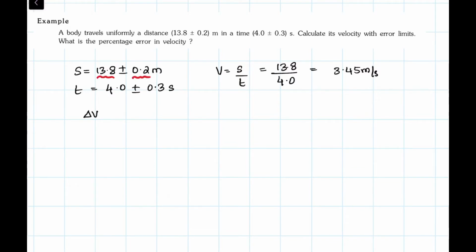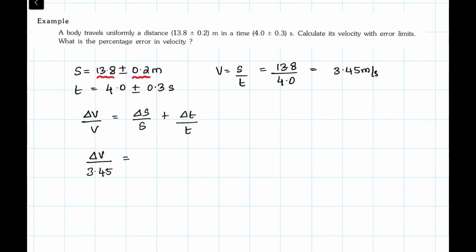How will you calculate? Delta V by V equals, errors will always be added, so delta S by S plus delta T by T. Now it's all given. What we have to calculate is delta V only, correct? V we already found out, which is 3.45.